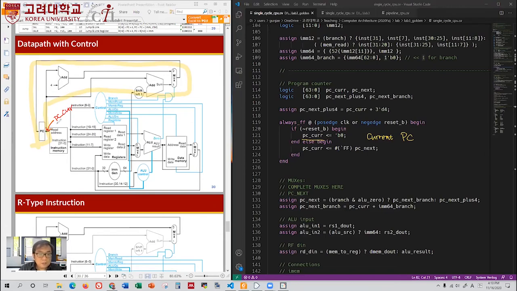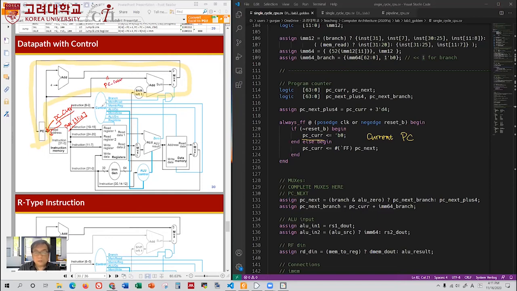If this current PC is given to the instruction memory, the instruction memory reads the instruction from the memory, and this instruction becomes the output of the instruction memory. So this signal is also PC current.